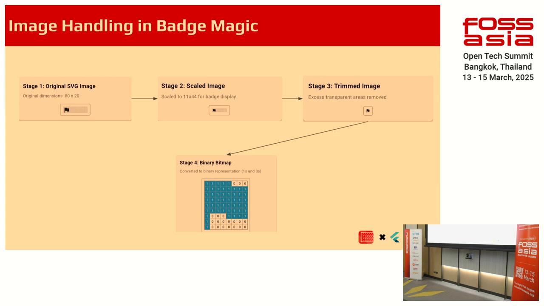Did you try to scale and trim the bitmap image? How do you trim the bitmap image? So trimming a bitmap image, I haven't tried it, but we can probably do it. I don't think there will be an issue. Bitmap images will probably be easier to trim. If you are just asking about a trimming function, it would probably be very easy. So I guess we can do that.